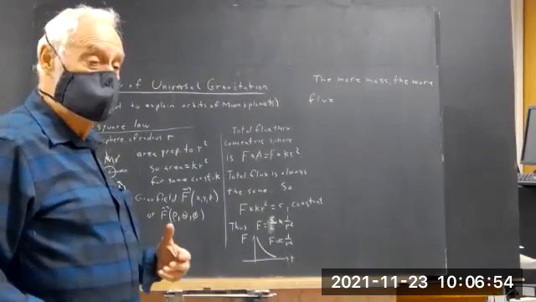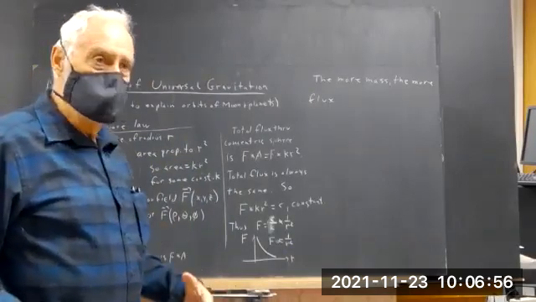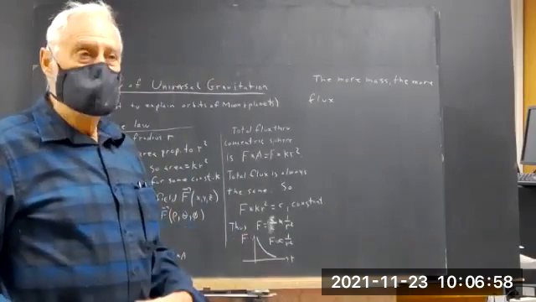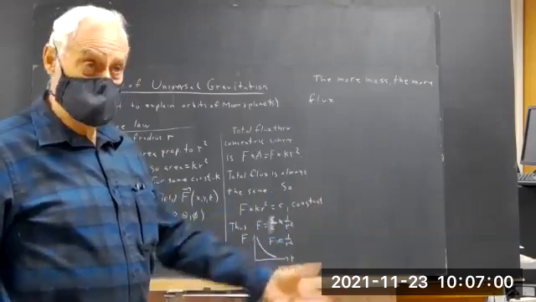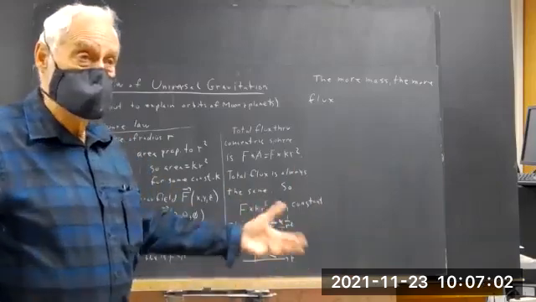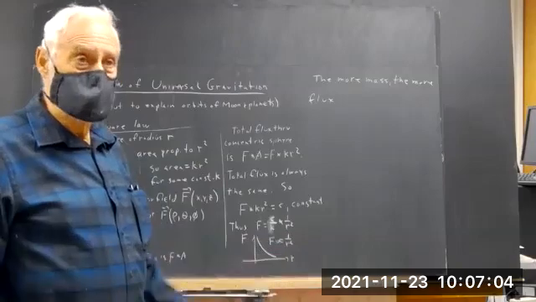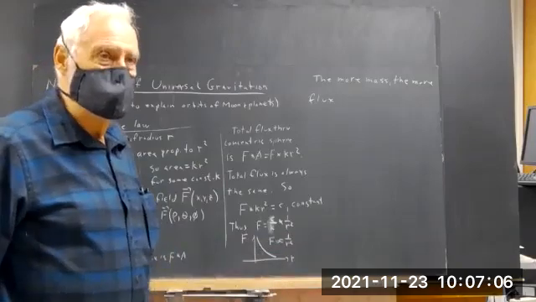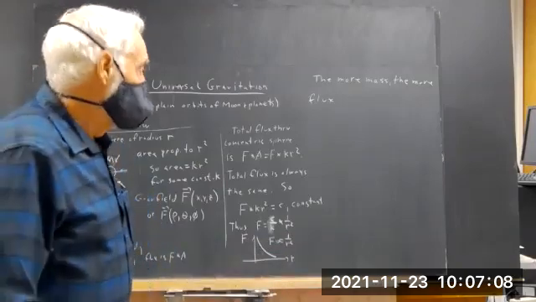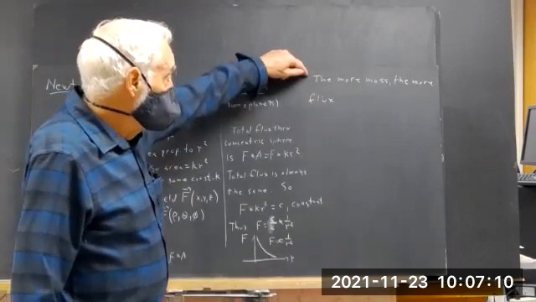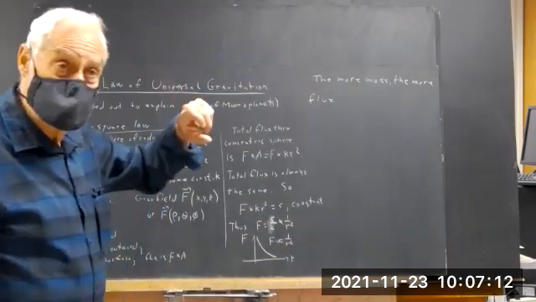In my opinion, you have to do it so that the few students who really have the ability to go on to higher-level undergraduate math get it. That applies to your teaching. Anyhow, the more mass, the more flux.